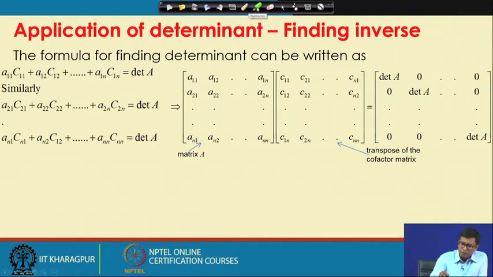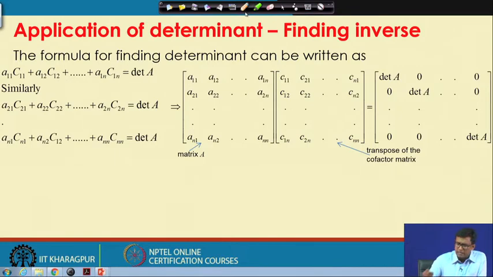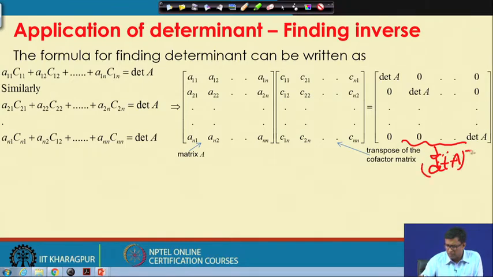So, we can say that the right hand side matrix is nothing but the determinant of A, which is a scalar, multiplied with an identity matrix of size n by n.